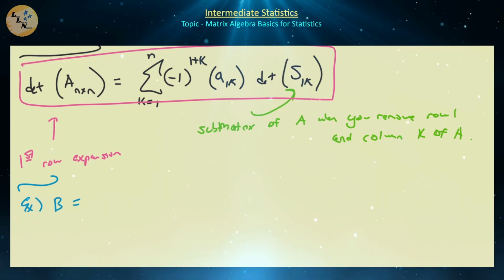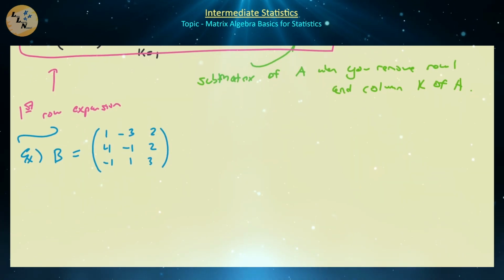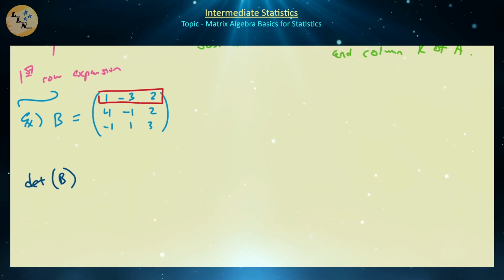Let's assume that we have the 3 by 3 matrix B, which is going to be 1, minus 3, 2, 4, minus 1, 2, negative 1, 1, and 3. And let's assume that somebody asks you to find the determinant of this matrix B. What we're going to do is expand across row 1. So the first element is going to be equal to 1.